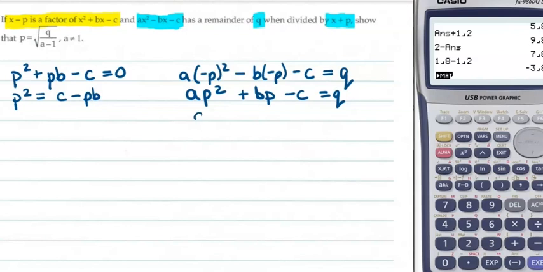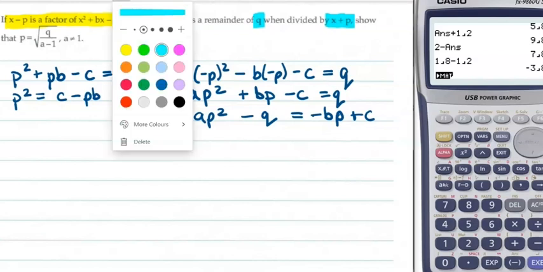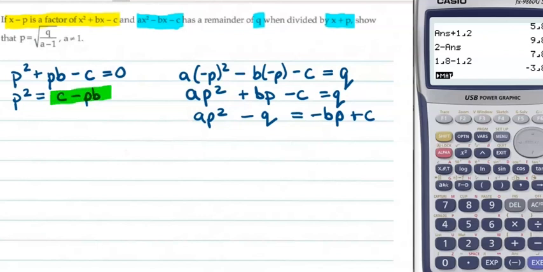So if I take ap squared, bring the q over here, it will be equal to negative bp plus c, which you can see this piece is the same as this piece, just written in a slightly different order.